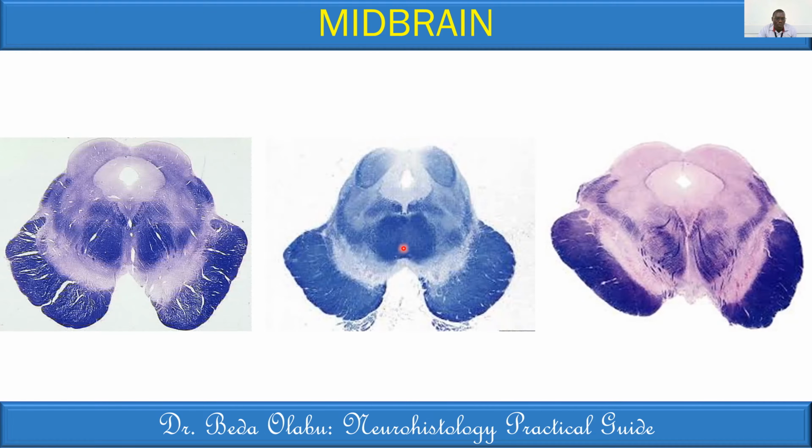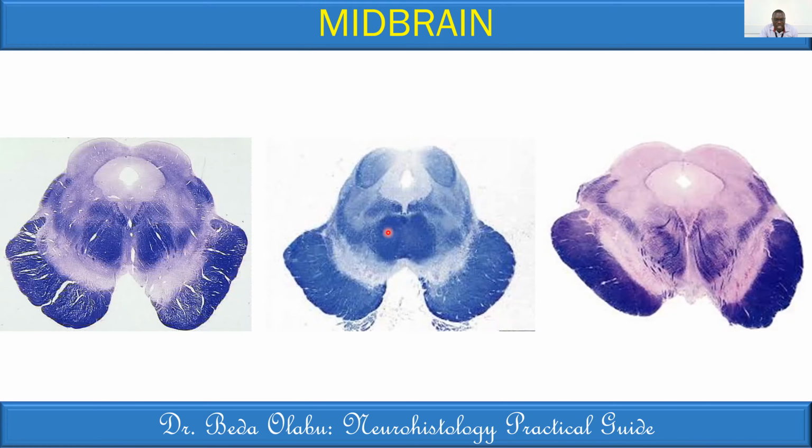That gives you a clue on which part of the midbrain we're talking about. So where you see the separation, it means that you're most likely in the upper midbrain. And so the colliculi here are most likely the superior colliculi. But when you don't see the separation, you're most likely in the lower midbrain.